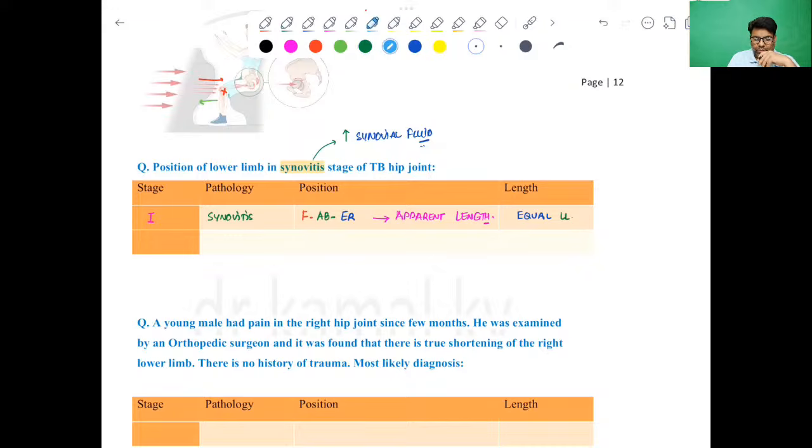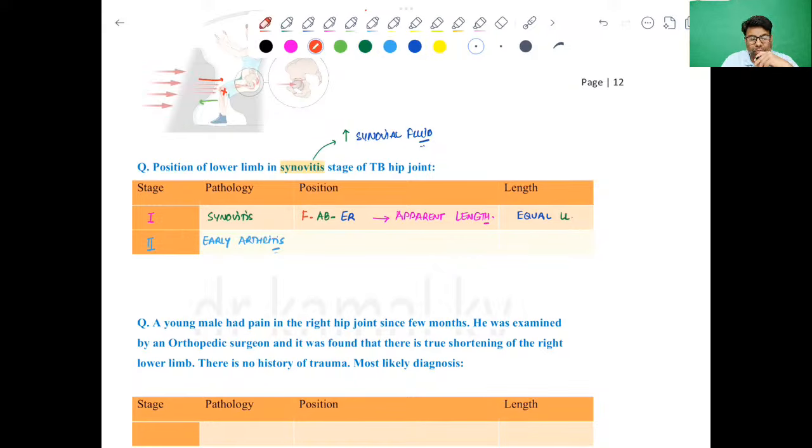Now if at this stage the condition is not checked, it will go into stage 2, that is early arthritis. Now the condition will involve the hip joint proper. There is involvement of the articular surfaces. Now what will happen? Because of this inflammation, the surrounding muscles will go into a state of spasm, and we know that in the hip joint there are different groups of muscles.